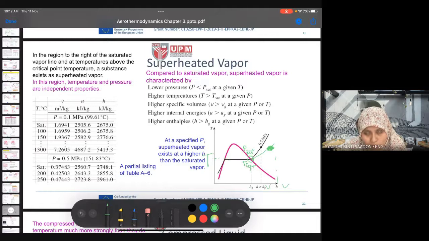If we continue to heat up the vapor, the temperature, specific volume, U and H enthalpy will increase. So if we want to achieve a higher internal energy or higher enthalpy, we need to heat up the vapor more.